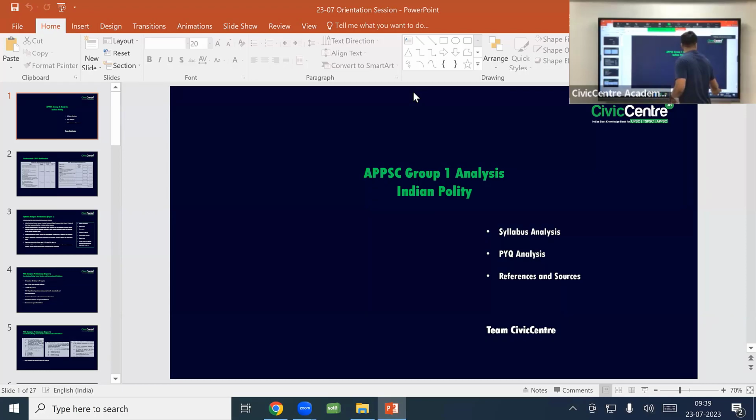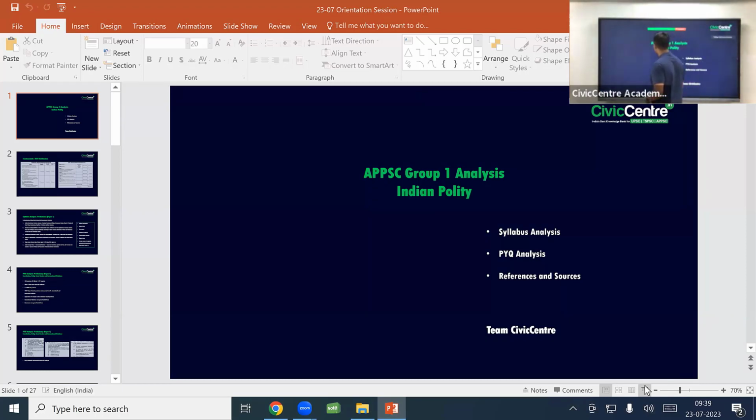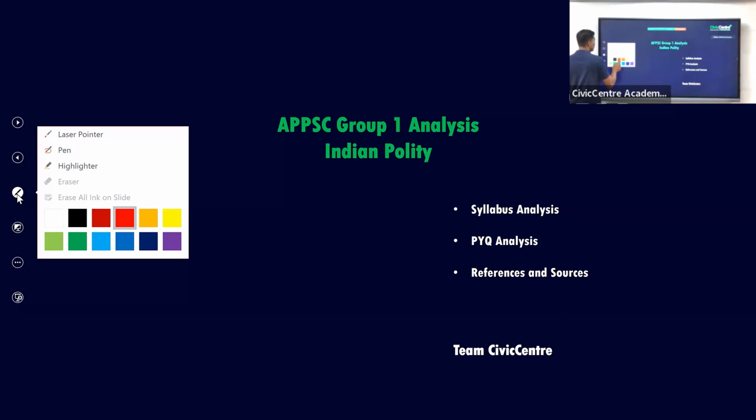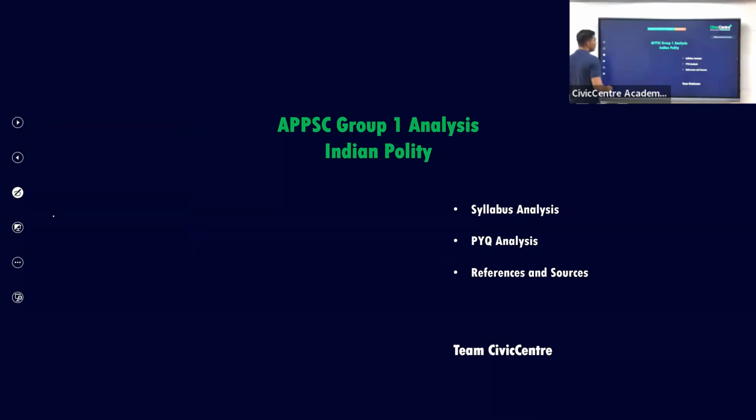Coming to today's analysis, the agenda is that we will have a brief discussion on the Indian polity part first. In that we will deal with the syllabus analysis briefly, then the PYQ analysis, then the references and sources, which we will cover along with it.